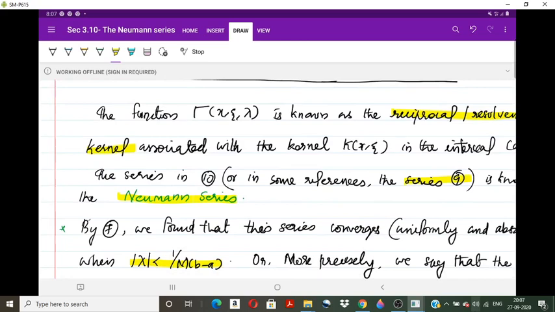So this is about the theory of Neumann series and the iterated kernels. Now we move to the problems that we will discuss later.